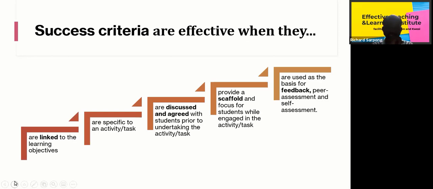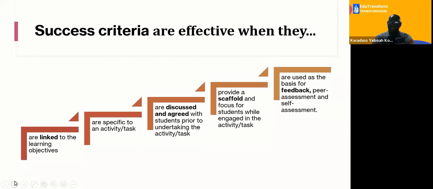So like you said, it should be the basis for feedback. And it's interesting to note that research points to about 80% of feedback within a class being between students, peer-to-peer feedback, not between teacher and student.